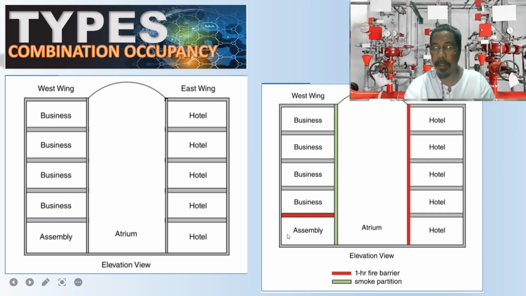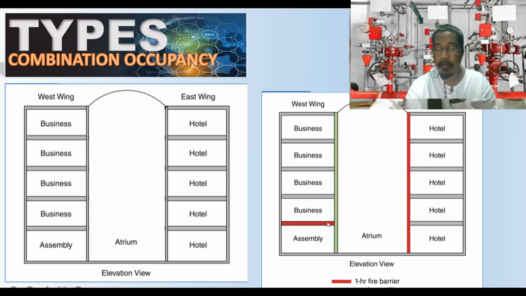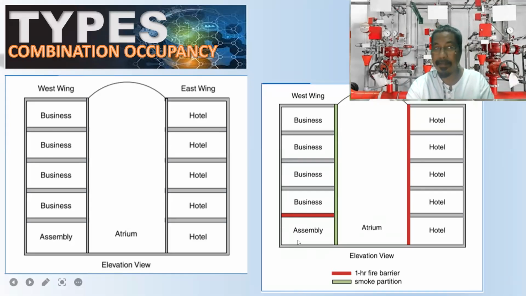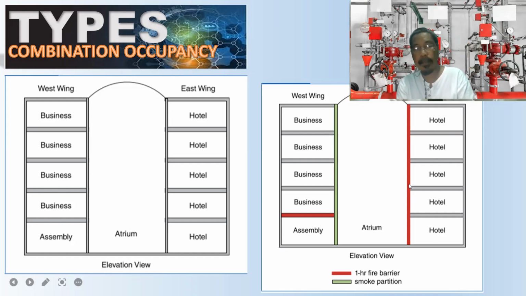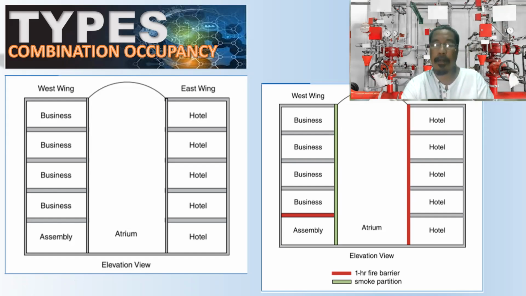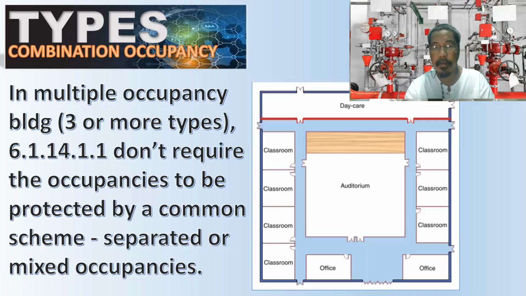So we have the red one here and light green and red. So meaning we have one type of separated occupancy. Another here and another here and here. So we have 1, 2, 3, 4, 4 areas here when we are looking at elevation view, while here we have 1, 2, 3, and 4.